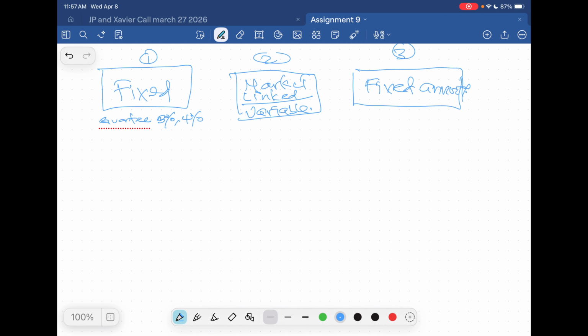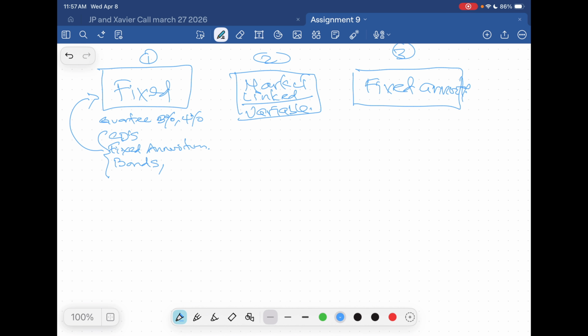And typically, it's things such as CDs, fixed annuities, bonds, all falls under this category of fixed.